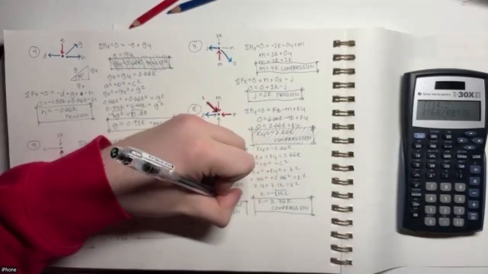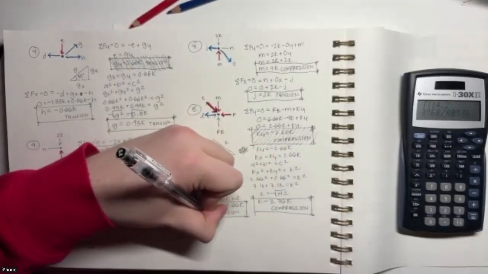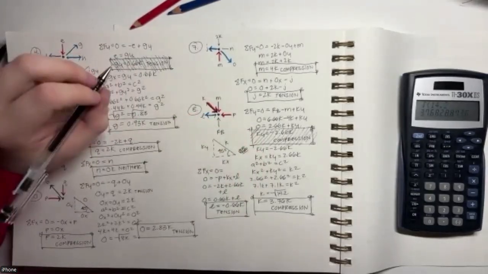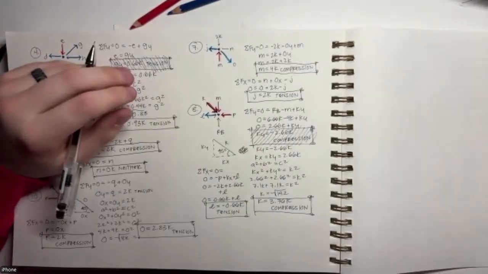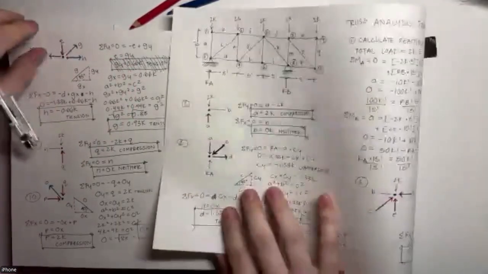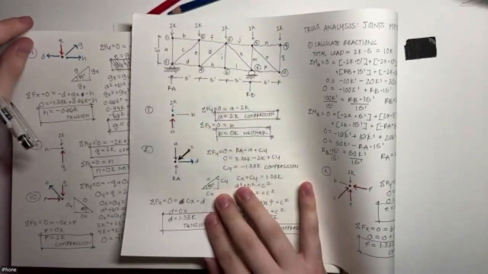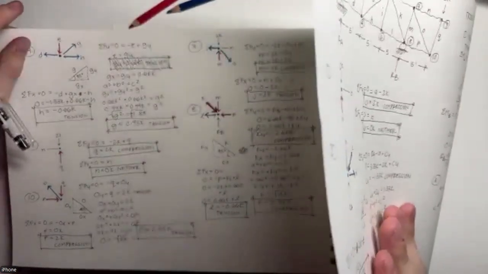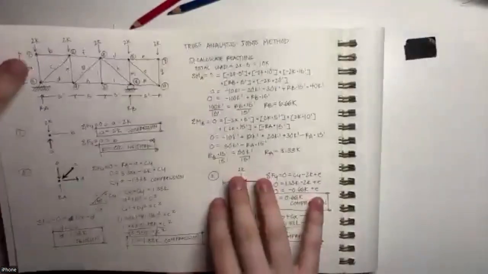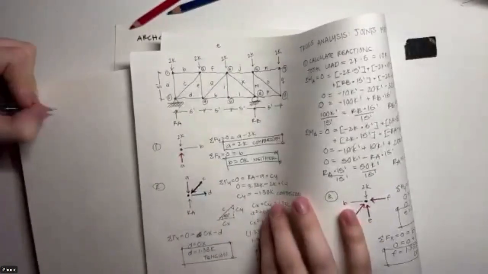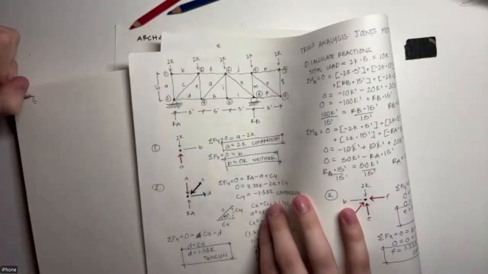Okay, got that. So now we can come back to joint 5, because now we've got some more answers, so we're ready for it. So let's come and say joint 5.